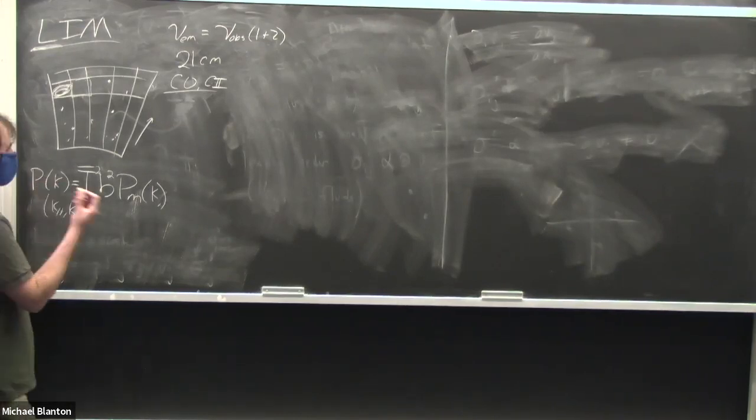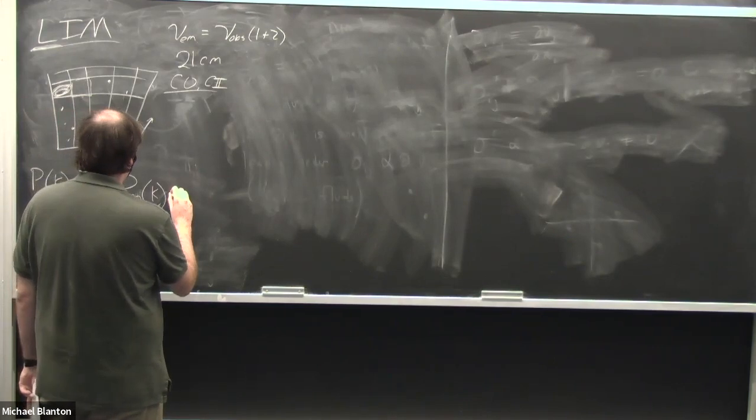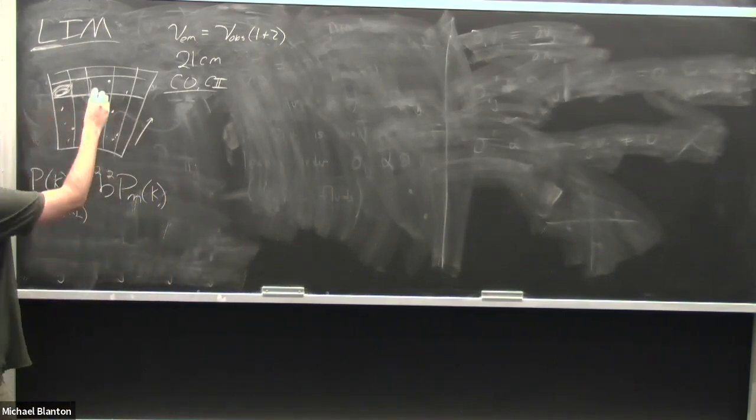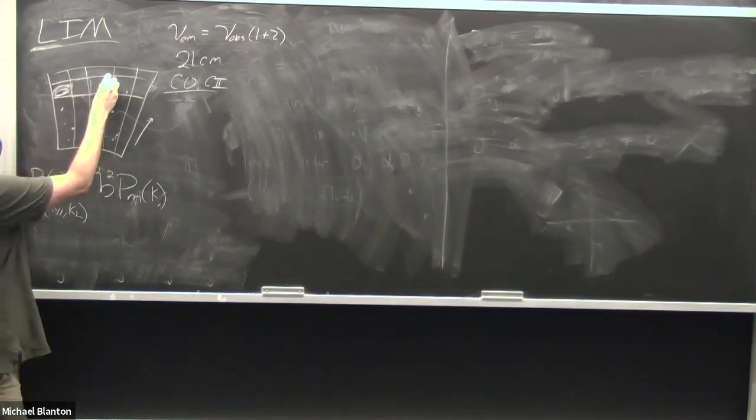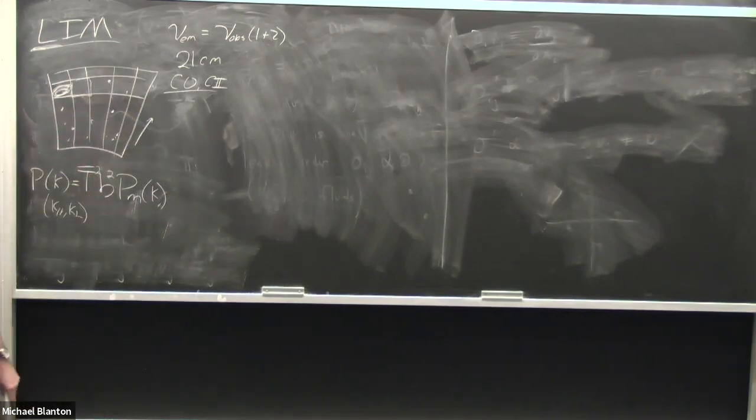What I am not going to ignore, because it is very important for a lot of things, is that even though when I make this measurement it's going to look like a continuous map, something like a cosmic microwave background map, because I don't resolve any individual sources, the emission actually does come from a smoothed over population of discrete sources. And so that means there is Poisson noise in the power spectrum.